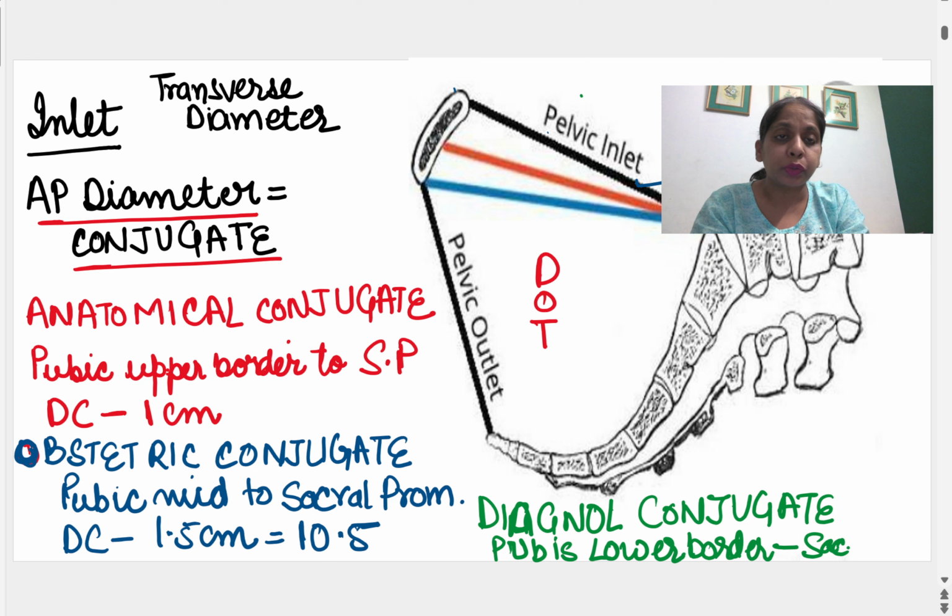The anteroposterior diameters are known as conjugates. So the one which is the black line is known as the anatomical conjugate.